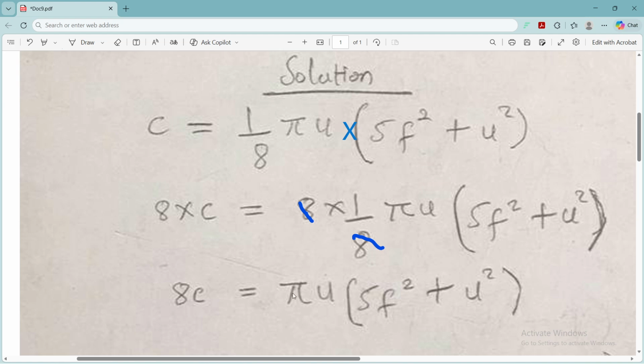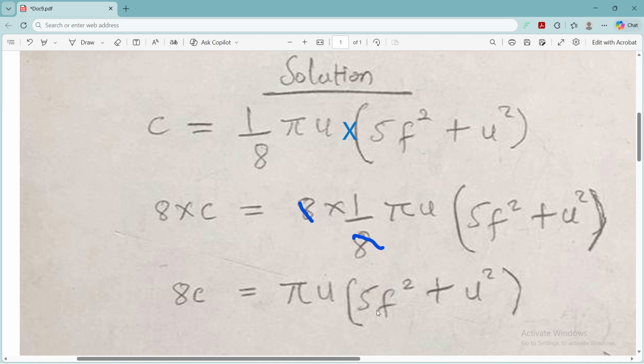Now, here we have to find another LCM again, right? Our new LCM is pi u, because pi u is the least common factor that can cancel out pi u itself, and it can also cancel 8c, for us to have the factor f squared plus u squared, or in bracket, to stand on its own, right?